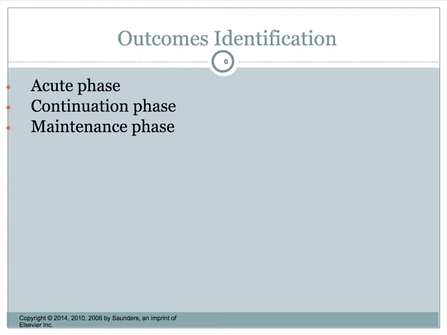Also, making sure they go to support groups and therapies, making sure that they're using good communication skills and problem-solving skills, and helping them to acknowledge what are good decisions versus bad decisions.